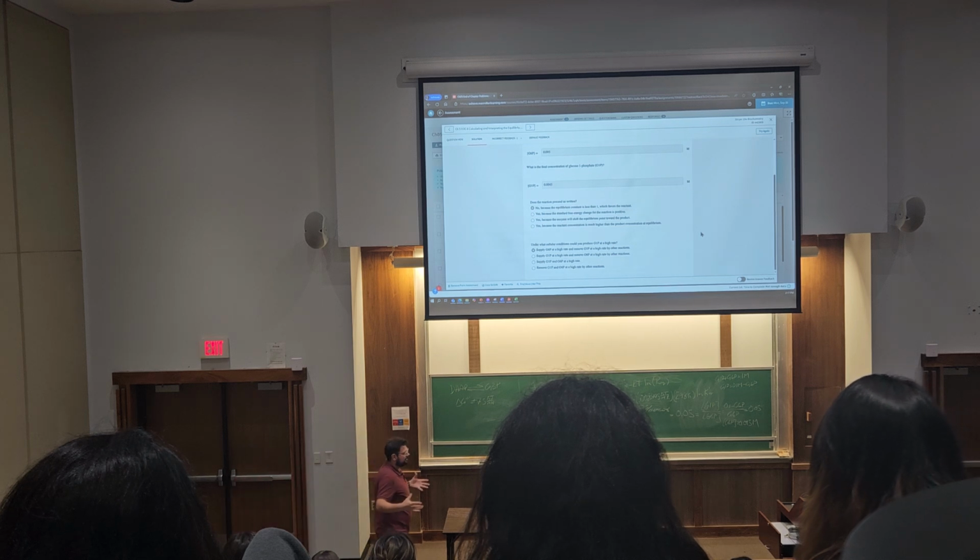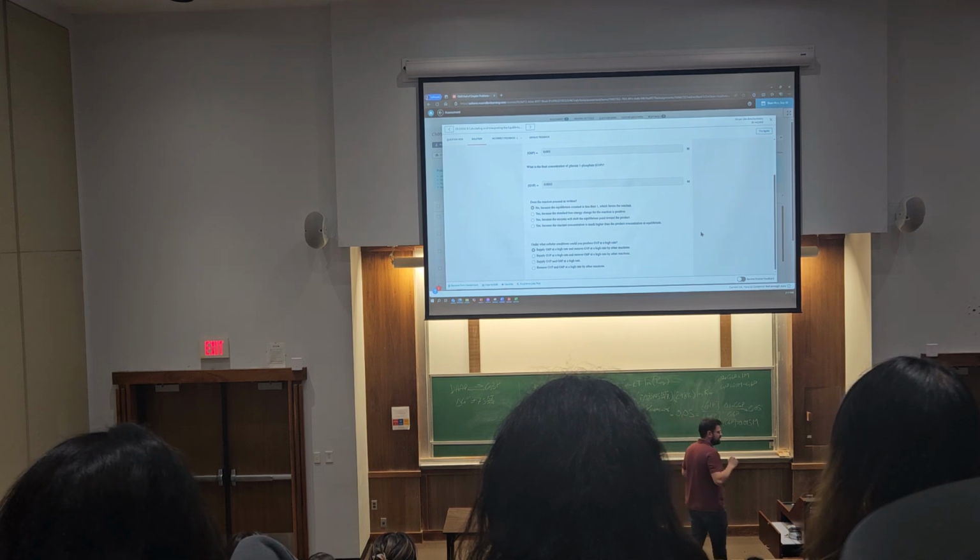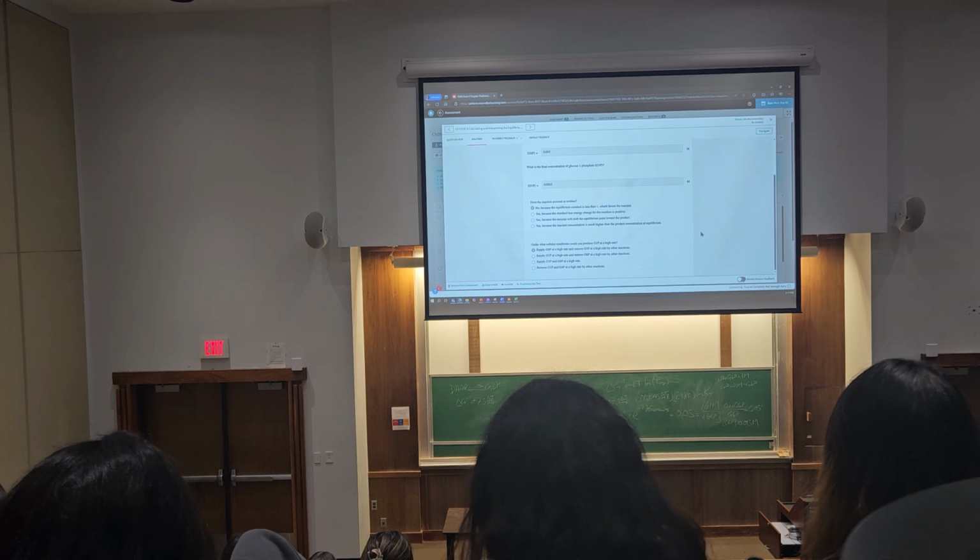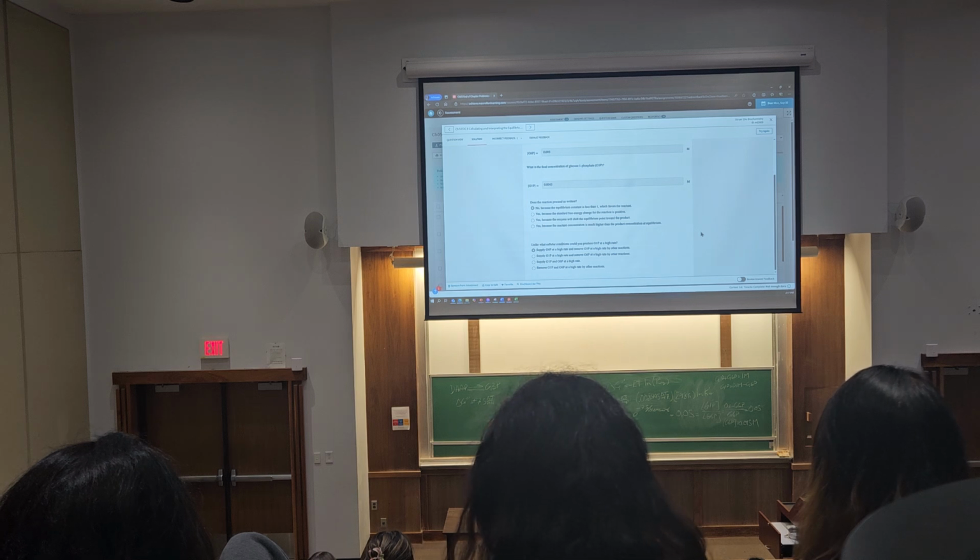Well, this is the whole concept of what a pathway is, right? A pathway is just a series of related reactions. So A yields B is the first reaction in a pathway.